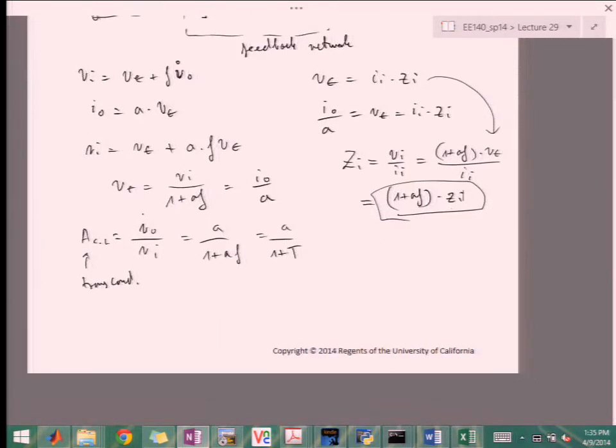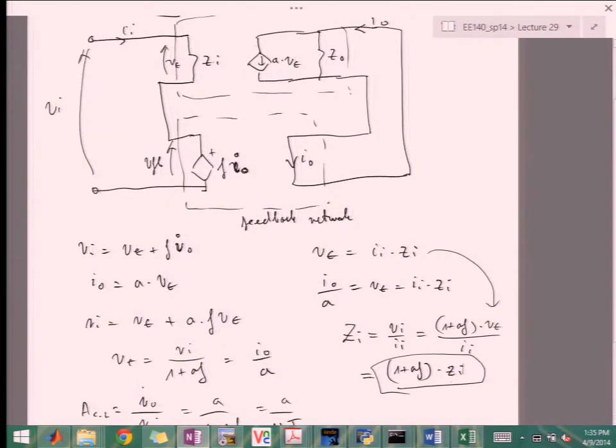And then we can write the small signal model. In terms of the output, we already know that Z out is going to be the same as from the previous example.